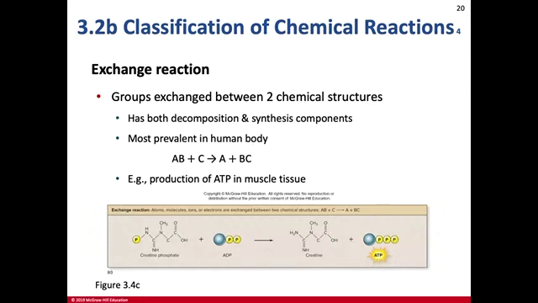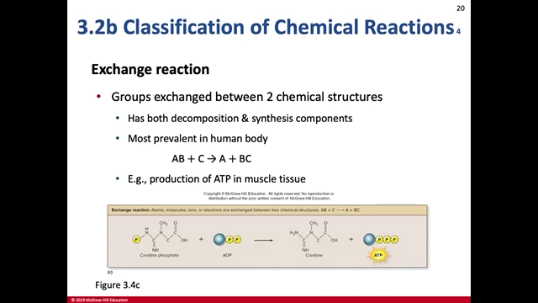In an exchange reaction, we move a chemical group from one place to another. This is an example of an exchange reaction in which a phosphate from an organic molecule is attached to ADP in order to make ATP. Whether this is an endergonic or an exergonic reaction depends on the relative energy of the molecules.